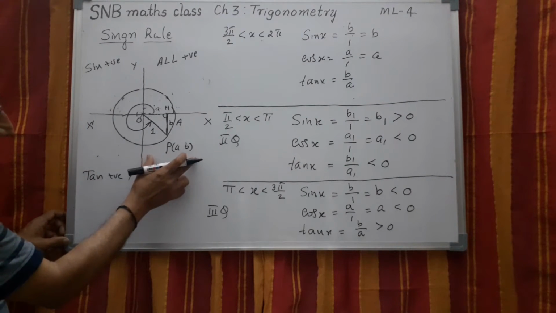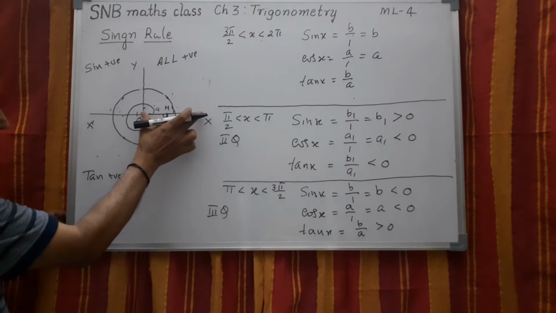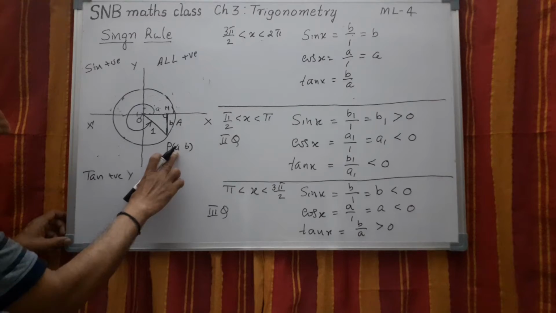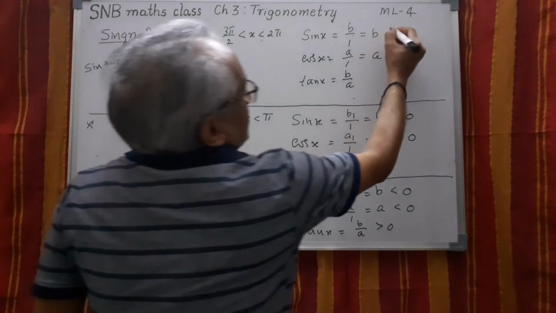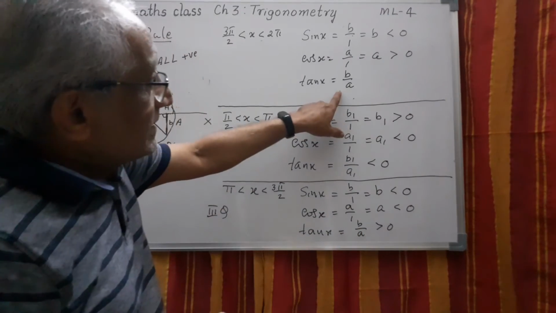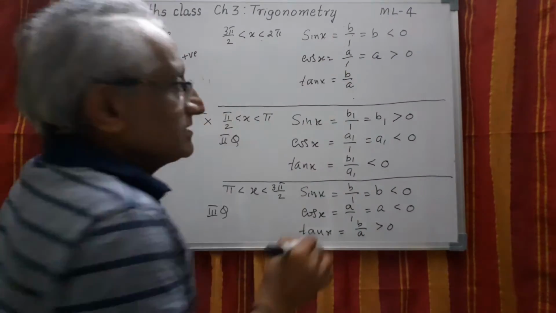This is in the fourth quadrant. X is positive, on the positive x-axis. Y is negative, B is negative. A is positive. Therefore sin is negative, cos is positive, and tan will be negative because one is negative and the other is positive.